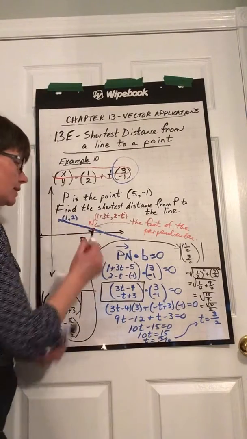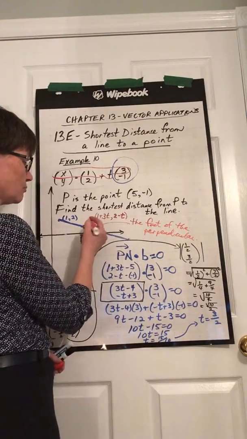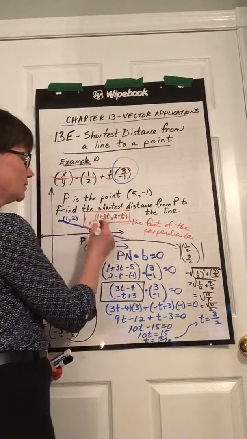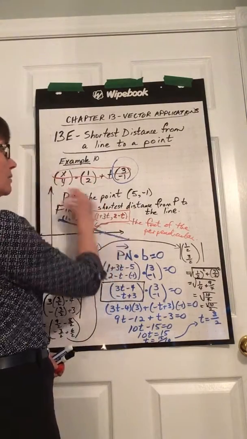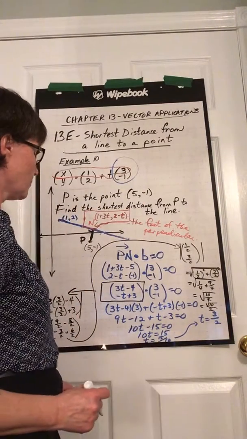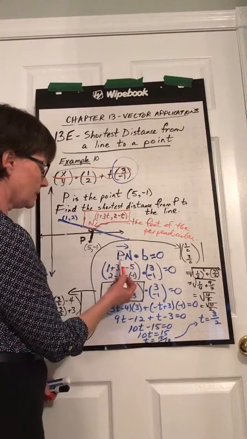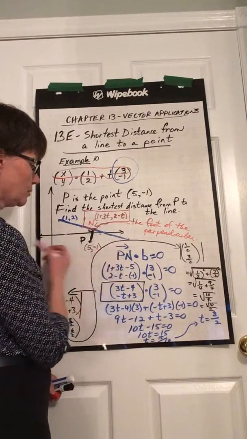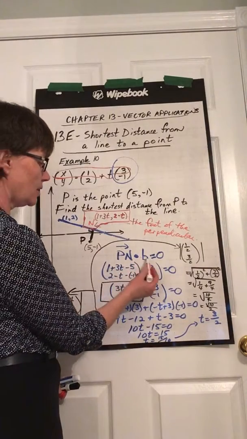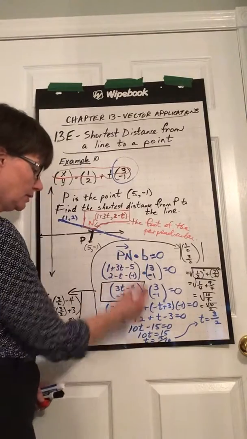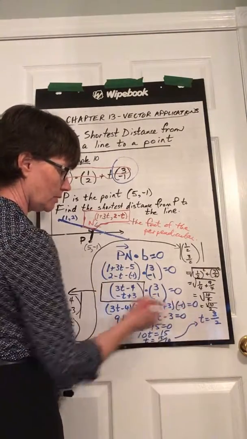The first step is representing that point N, the foot of the perpendicular, using the parameters from the vector equation, the x parameter and y parameter. Then we find PN using that ordered pair and this ordered pair, take PN, dot it with the direction vector from the line, which equals 0. Solve for t, and we get 3 over 2.